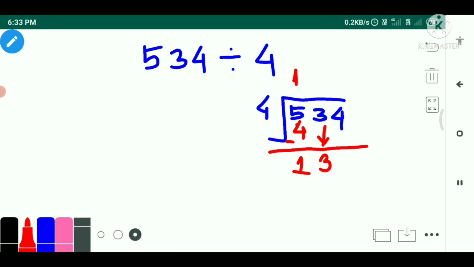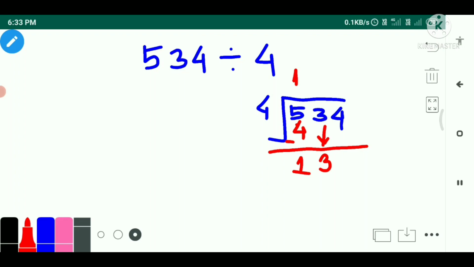So we'll recall the multiplication table of 4. Is 13 there or not? If 13 is not there, we'll see the number that is lesser than 13. So 4 ones are 4, 4 twos are 8, 4 threes are 12, 4 fours are 16. Now 16 is bigger than 13, right?